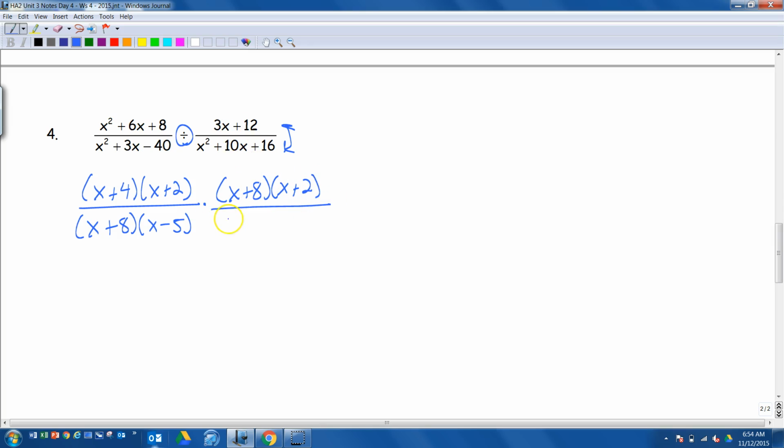And then the bottom becomes pull out a 3x plus 4. Okay, now we just see what cancels. On the top I have an x plus 4 and an x plus 4 down here, x plus 8, x plus 8. So my final answer is I have x plus 2 squared, because there's two of them, and then there's an x minus 5.